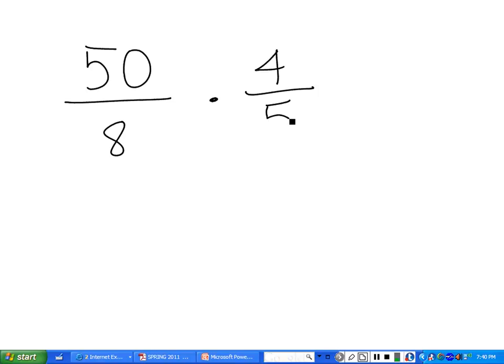So what's so great about multiplying and dividing fractions, you don't have to figure out what the LCD is. All you're doing is multiplying, okay?